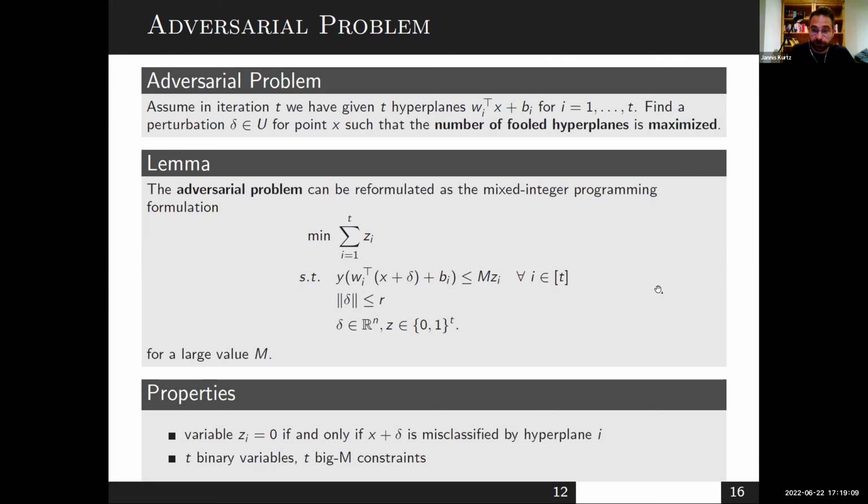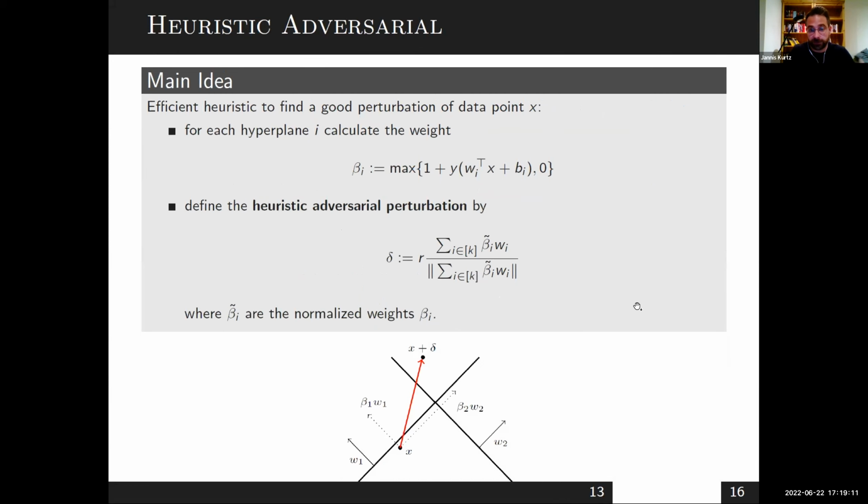So what I propose additionally, or as an alternative, is to solve this adversarial problem heuristically. In this case, what I do is a very easy idea. The perturbation I choose is just a weighted average of the normal vectors of my hyperplanes.